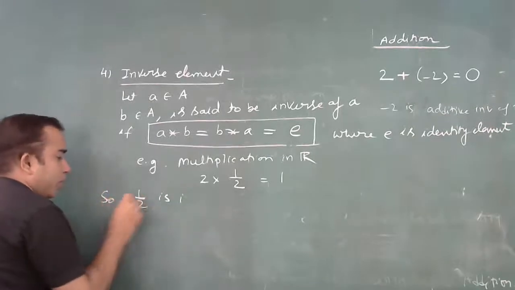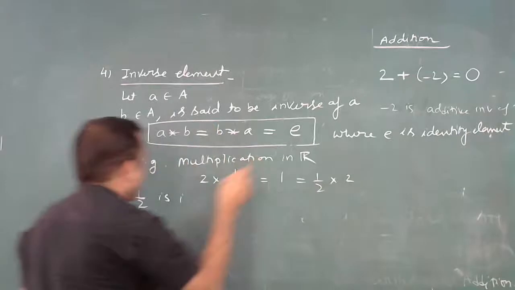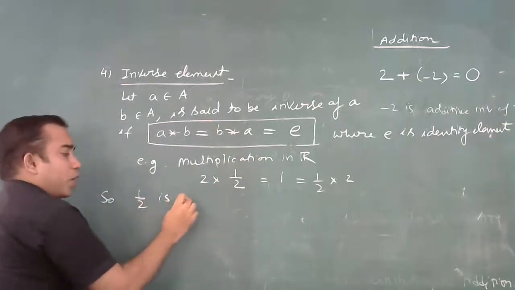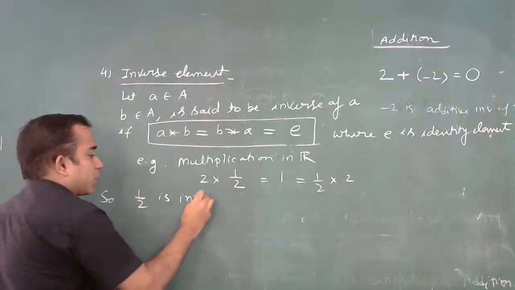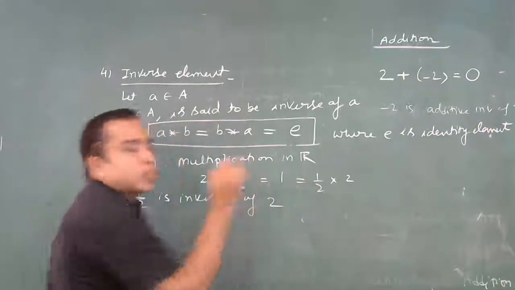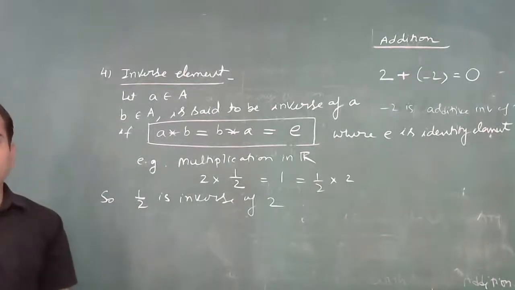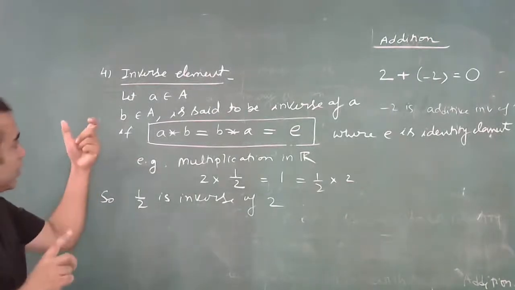So 1 by 2, and it will be equal to 1 by 2 into 2 also, right? Full definition is being specified. 1 by 2 is inverse of 2, right? Of course, with respect to multiplication operation, right? So we discussed the inverse element.